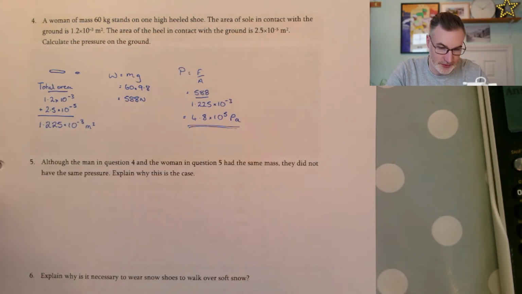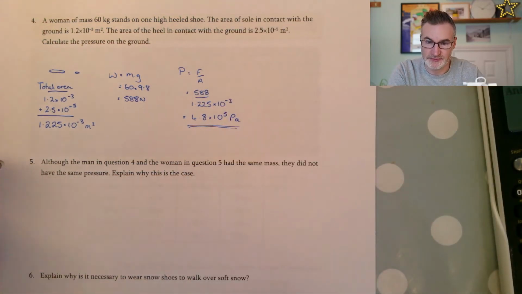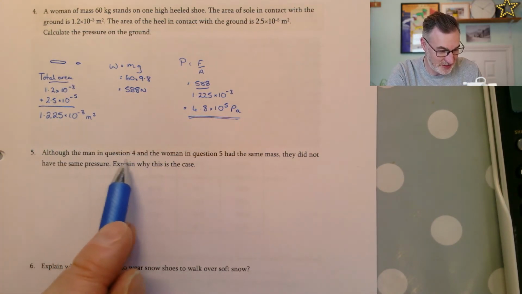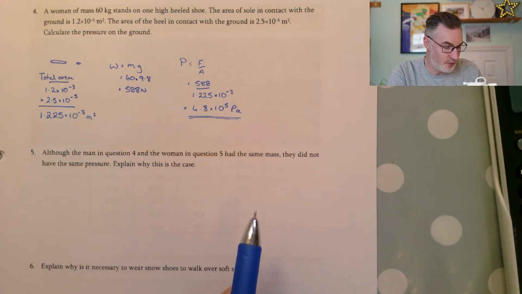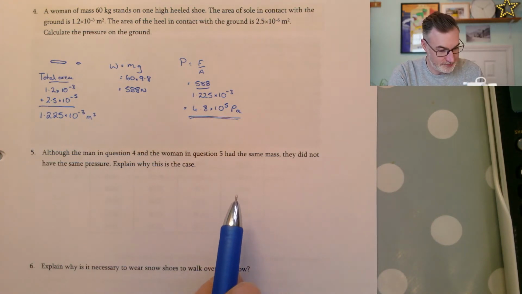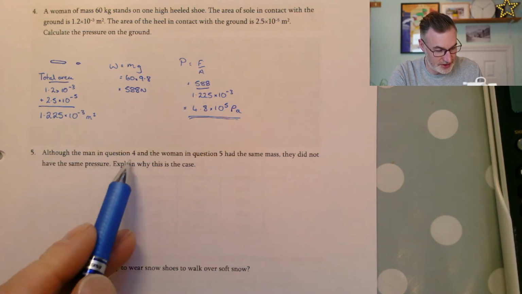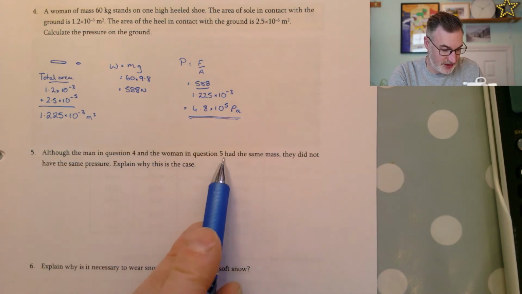Okay, good. Question 5. So, okay, here we go. I've just answered this question. The man in question, for the same mass, they did not have the same pressure. Explain why. Well, the man in question 4 was a woman in question 4, and the woman in question 5 is this question 5 here.